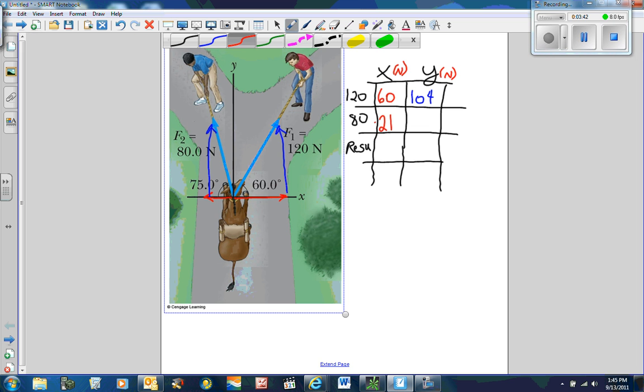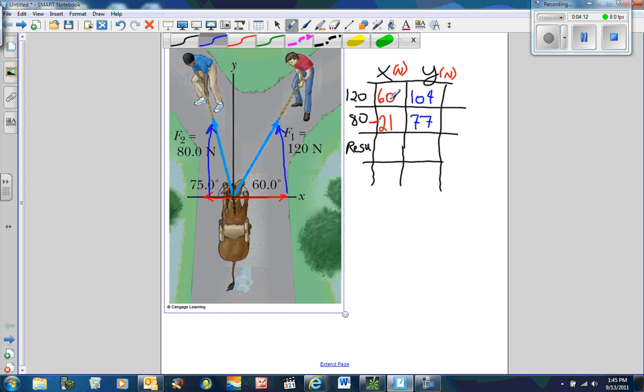And that's going to be a negative force, right? And my blue is going to be positive. It points up, and it's going to be 80 times sine of 75, because sine goes with the opposite of the y in this case. So 80 times sine of 75 gives me 77 newtons positive.